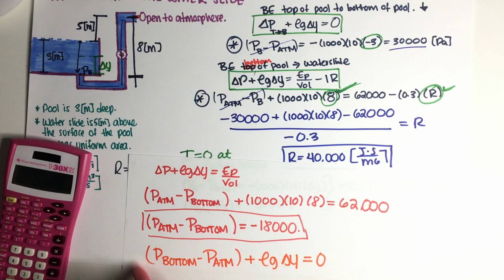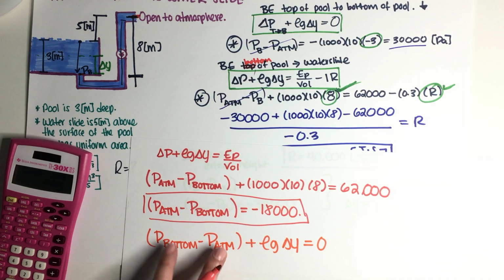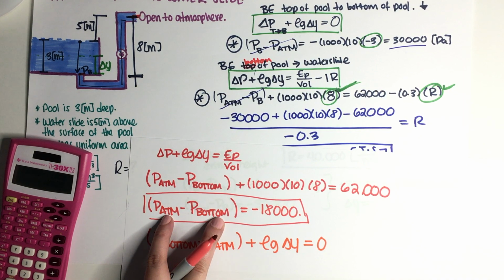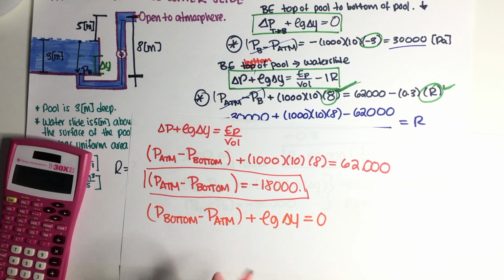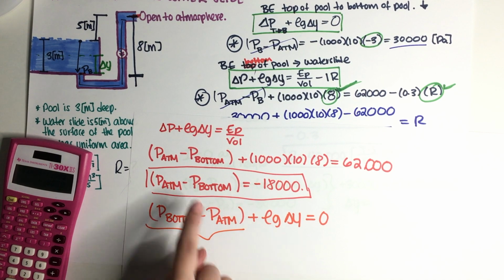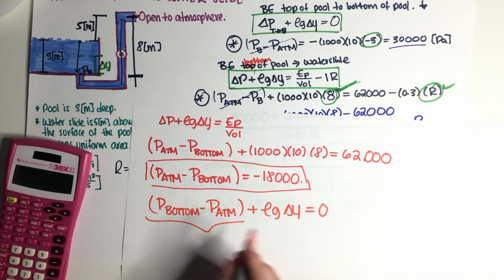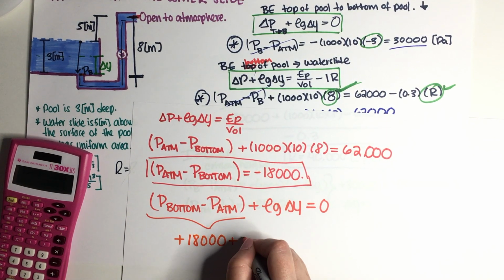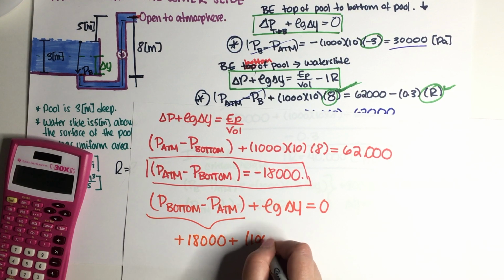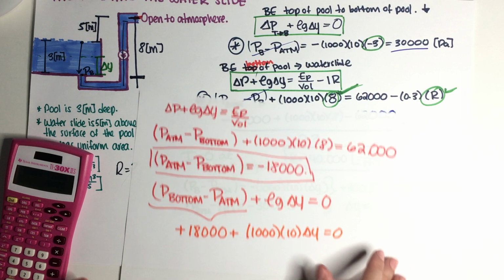Now this number over here is just the opposite of what this number is, right? So I can just take this 18,000 and flip it and put it over here. But I do need to flip it because this is ATM minus bottom and this is bottom minus ATM. So this is positive 18,000 plus 1000 times 10 times delta y is equal to 0.